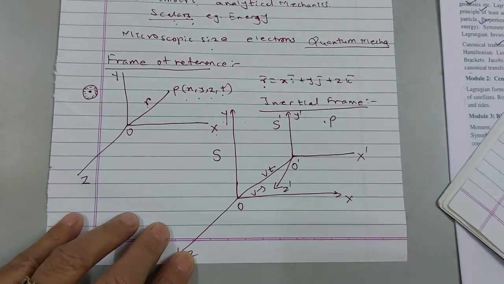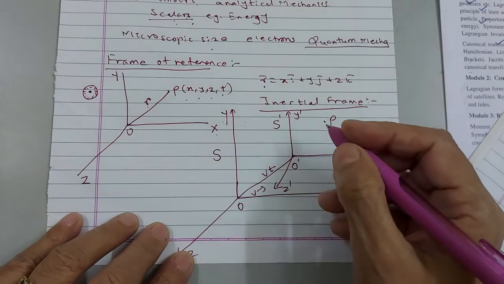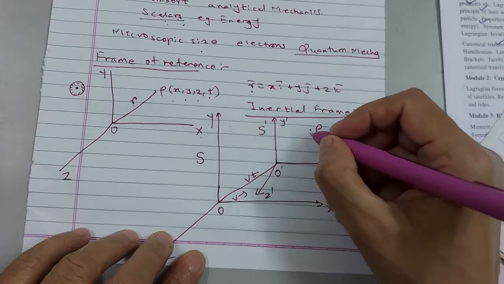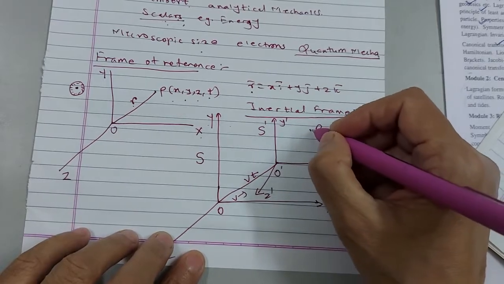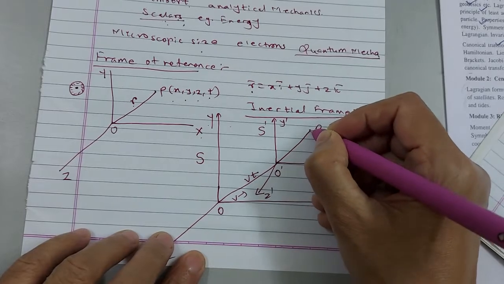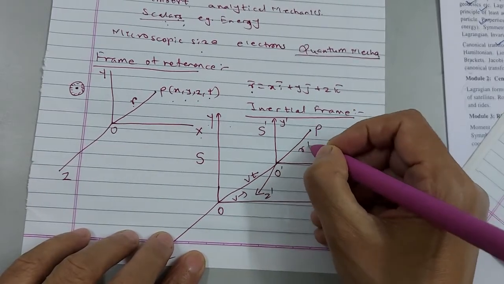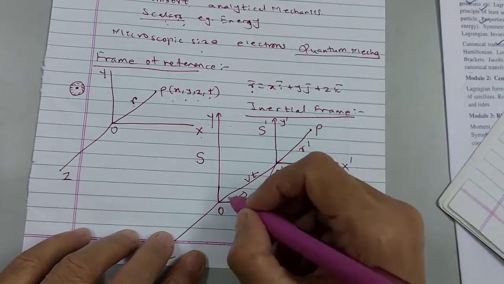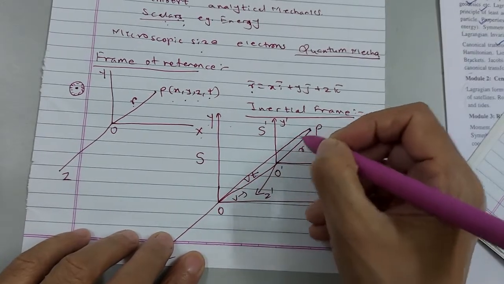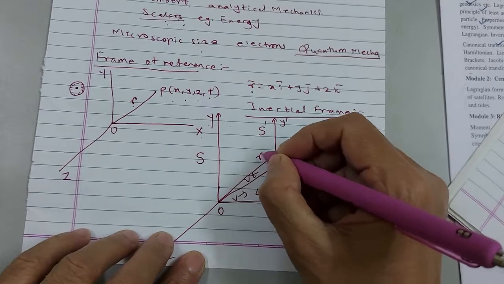Now suppose I join the particle P from O dash like this, I'll call that R dash, and suppose I join this point over here, this will be my R.